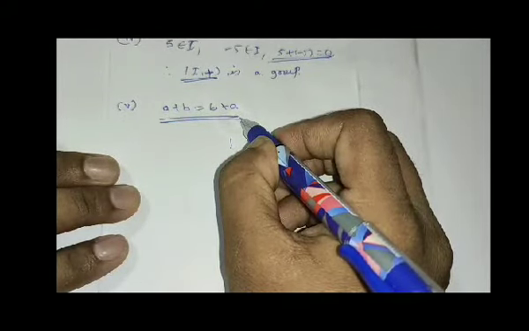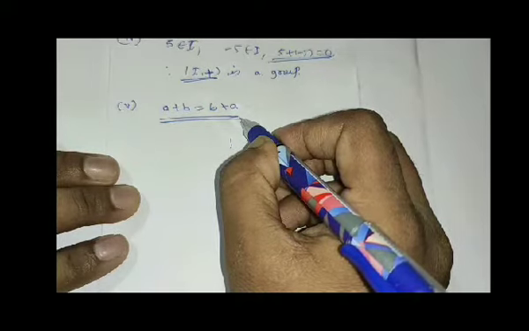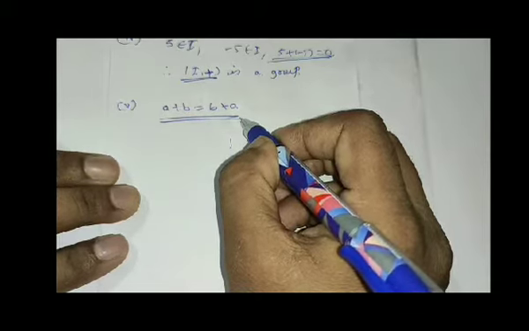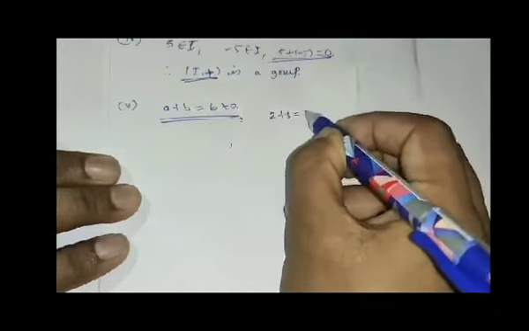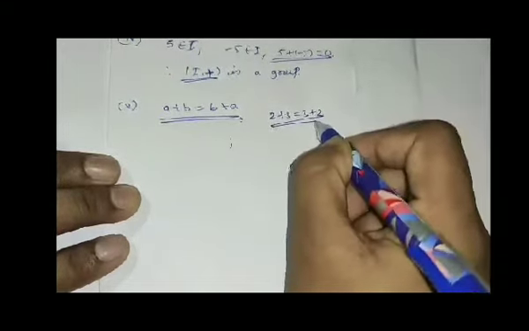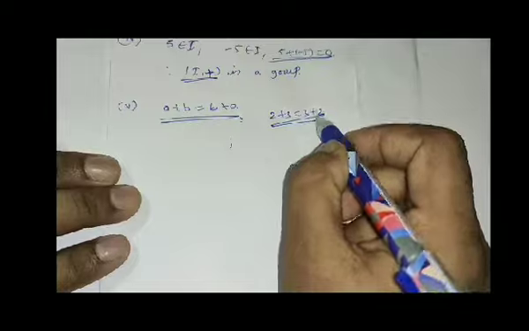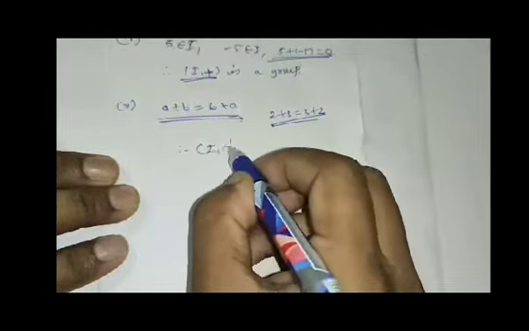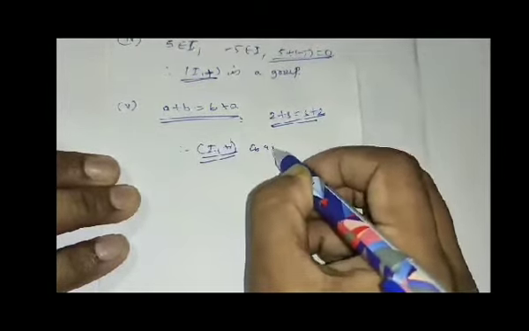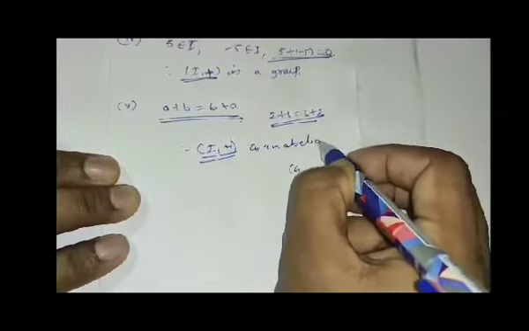Obviously we have been studying this since 7th standard. Addition of integers is commutative because 2 plus 3 and 3 plus 2 are both the same, and therefore this set I with addition is an abelian group.